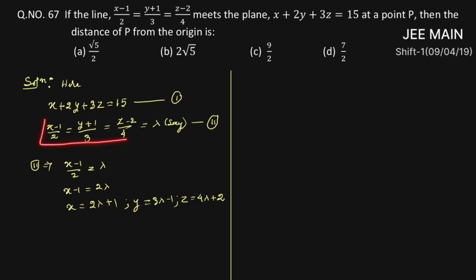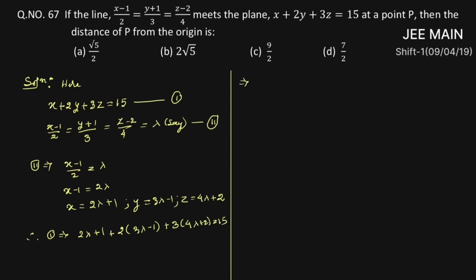So it's given that the line meets the plane at point P. Therefore, we are able to put the values of x, y and z in equation number 1. Therefore, equation number 1 implies that (2 lambda plus 1) plus 2(3 lambda minus 1) plus 3(4 lambda plus 2), which is equal to 15.